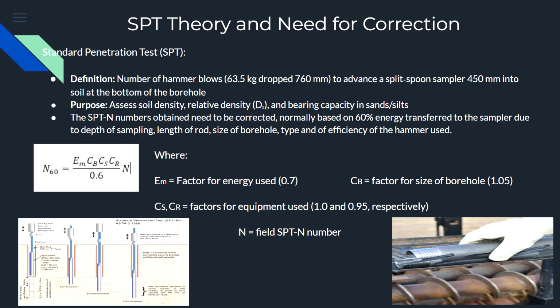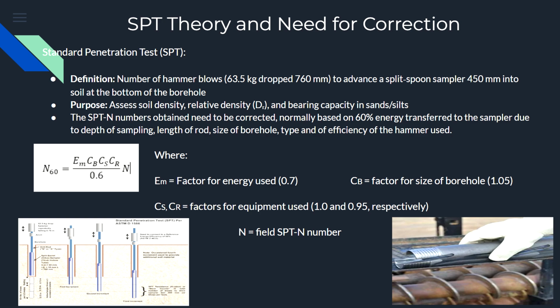The formula at the left shows how to calculate the corrected SPT N number, which is N60 equals EM CB CS CR over 0.6 times N, where EM is the factor of energy used, which is 0.7.